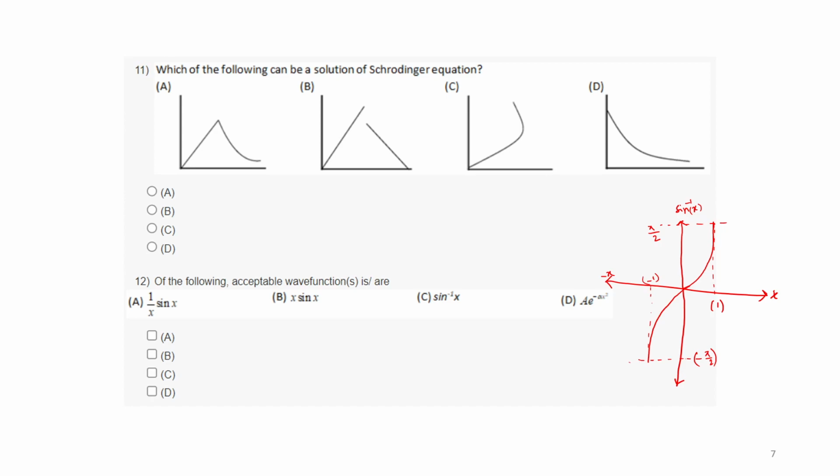When you say x is equal to 1, sine inverse x is pi by 2. But it can be 5 pi by 2 also. We can argue that at 3 pi it will again be 0, right?